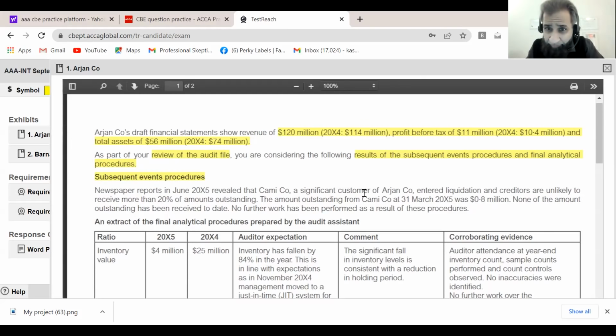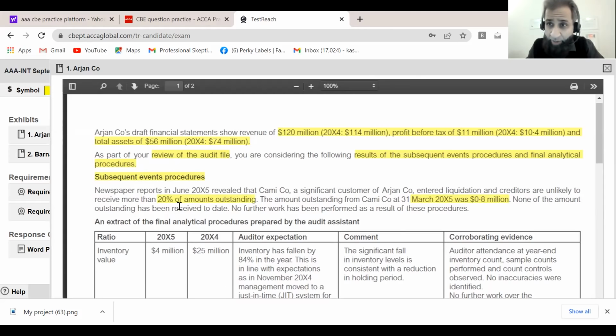The year-end balance was $0.8 million, which is recognized in the financial statements. After the year-end, from the newspaper, we got to know that Chemi Company is entering liquidation and will only be able to pay 20% of the outstanding amount. So the remaining 80% is to be recognized as a bad debt.